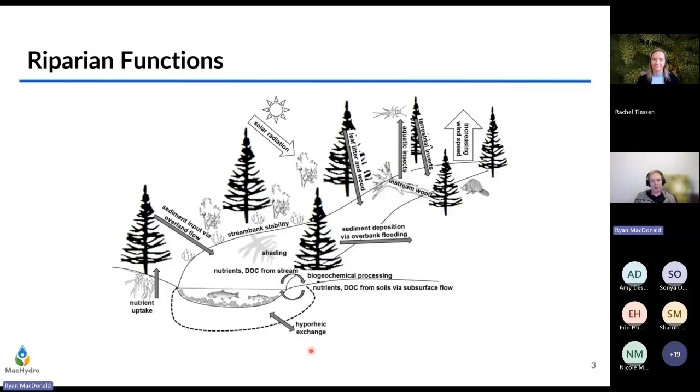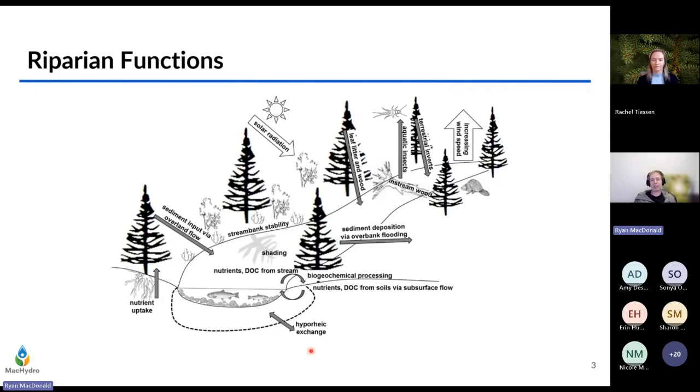But as it relates to the aquatic ecosystem, there are things like shade to manage the stream temperature, providing in-stream wood for fish habitat and channel morphology, providing food for fish and for other organisms, moderating nutrient cycling, and providing stability to the stream channel.